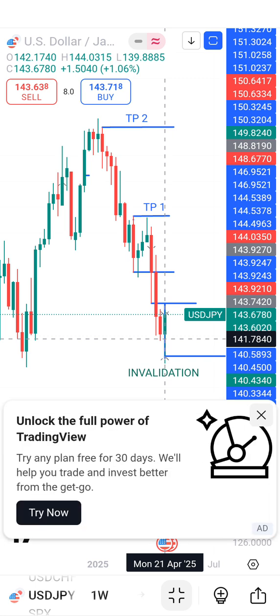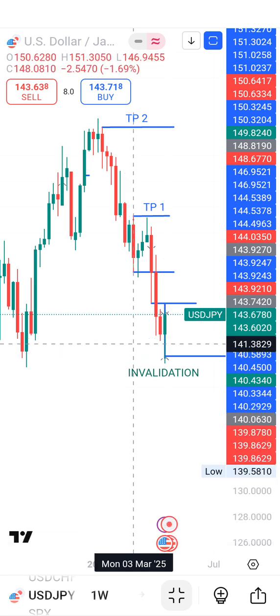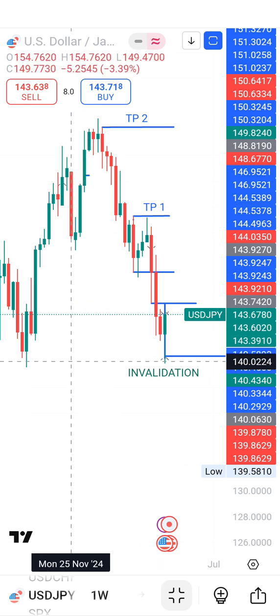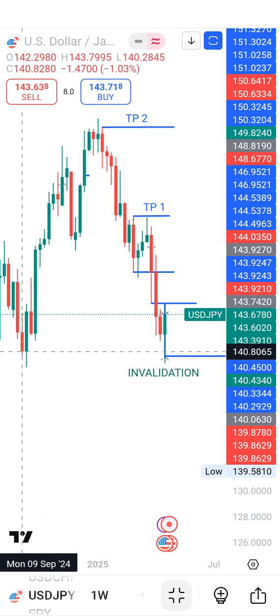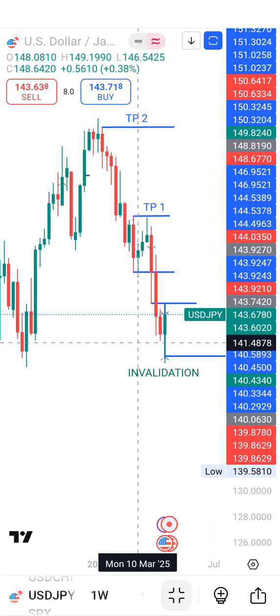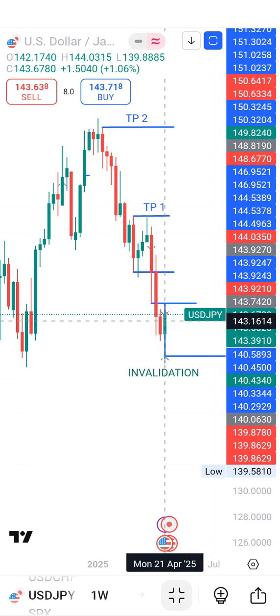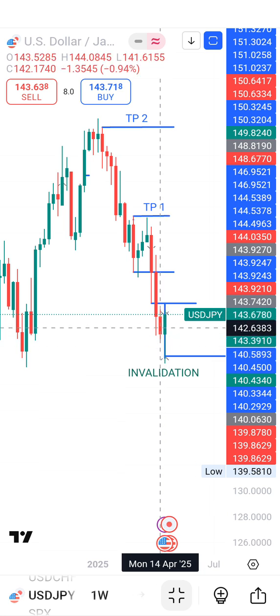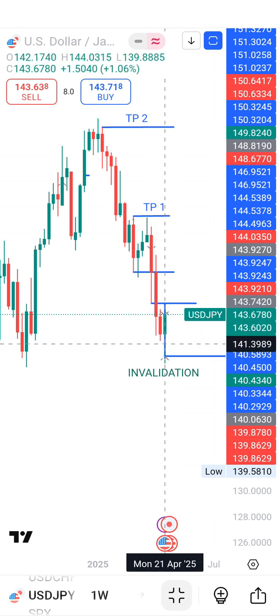This is your entry for a bullish move, and you can see price reacting off the rejection block here, and boom, price moved to the upside. A lot of pips were banked in this trade if you were able to catch it.